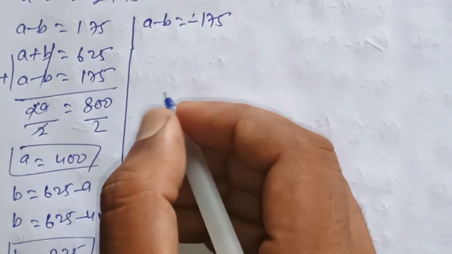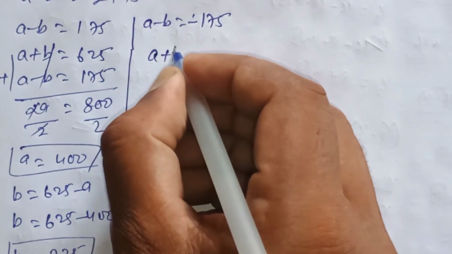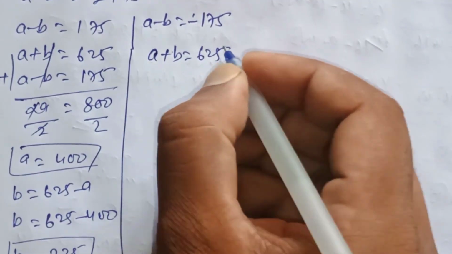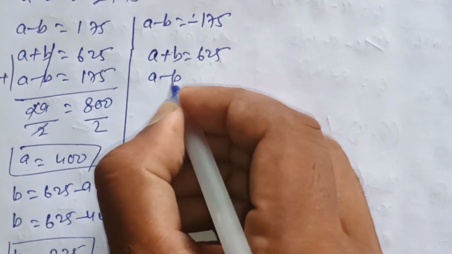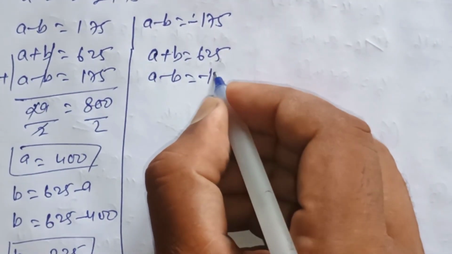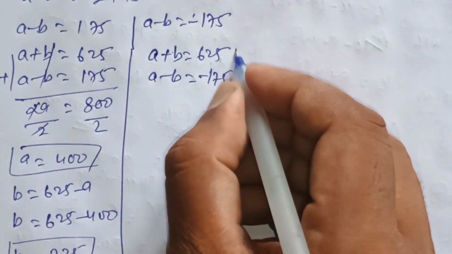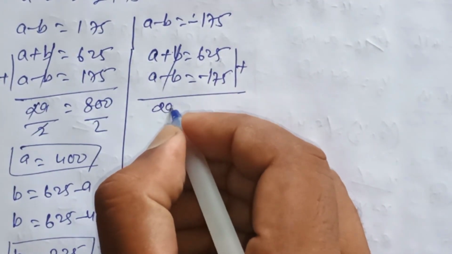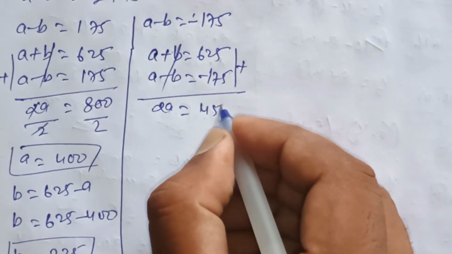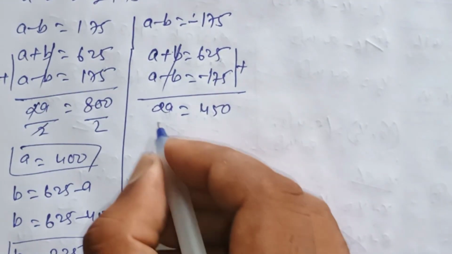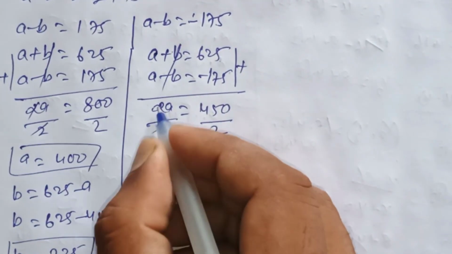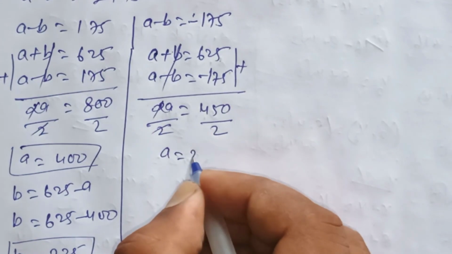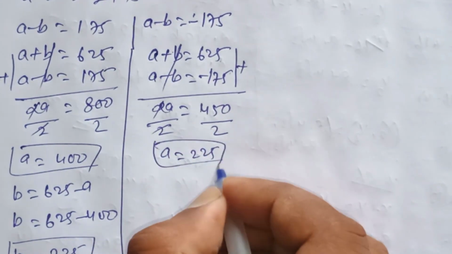Now a plus b is equal to 625 and a minus b is equal to minus 175. Adding these, b cancels, so 2a is equal to 450. Both sides divided by 2, the 2 cancels, and a is equal to 225.